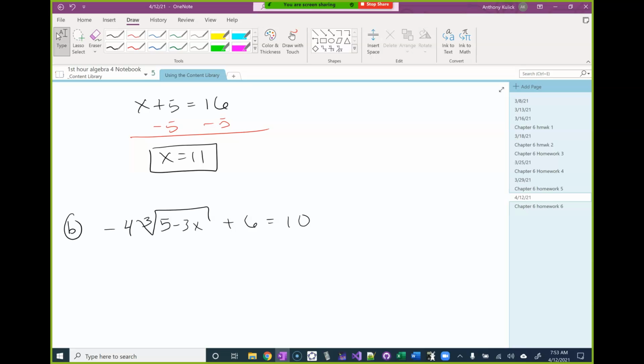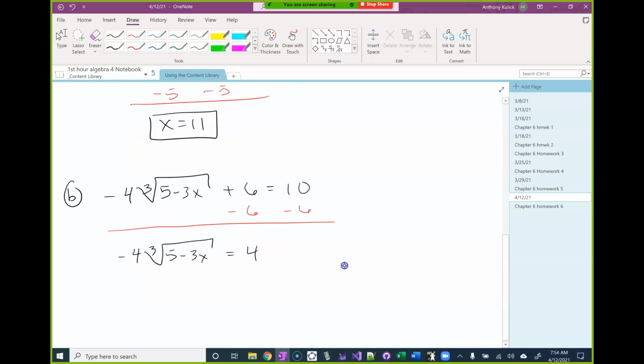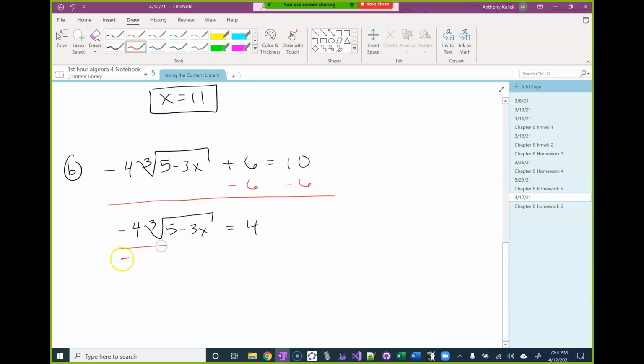So still the same initial approach. I'm going to start by subtracting 6 from both sides, and then dividing both sides by -4.